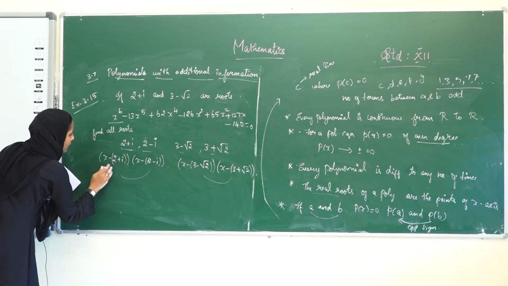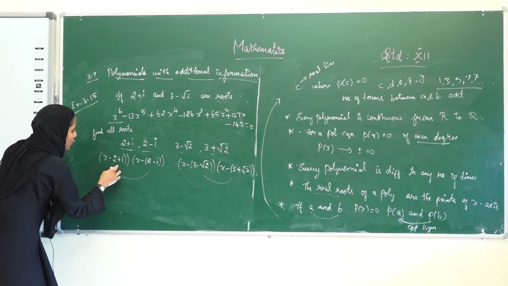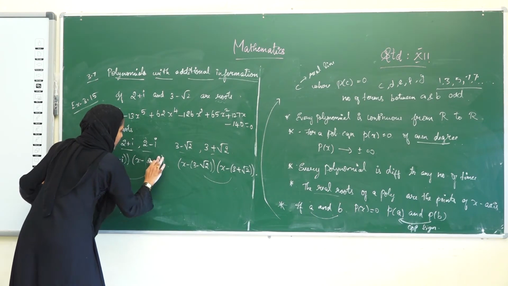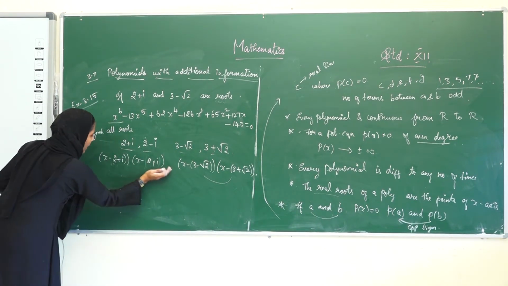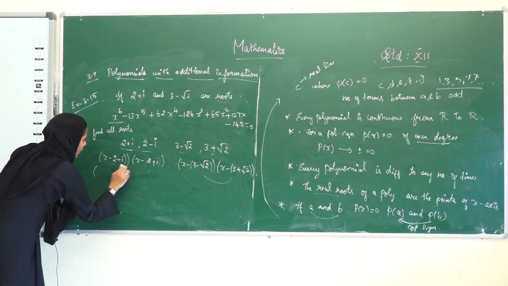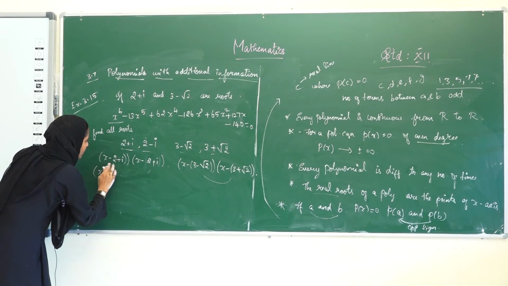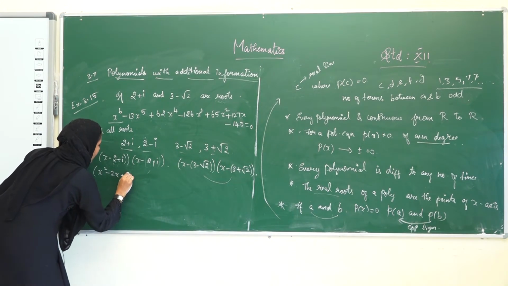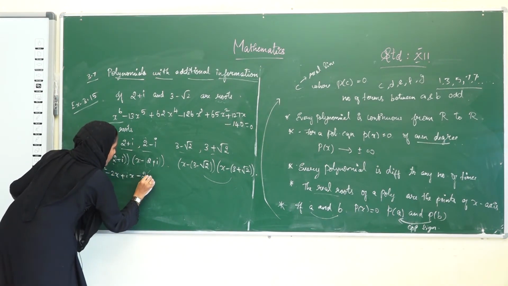Now let us multiply this. The terms are x minus 2 minus i and x minus 2 plus i. On multiplying, what do we get? First multiply with x: x square, minus 2x, plus ix. Then minus 2 into x is minus 2x.